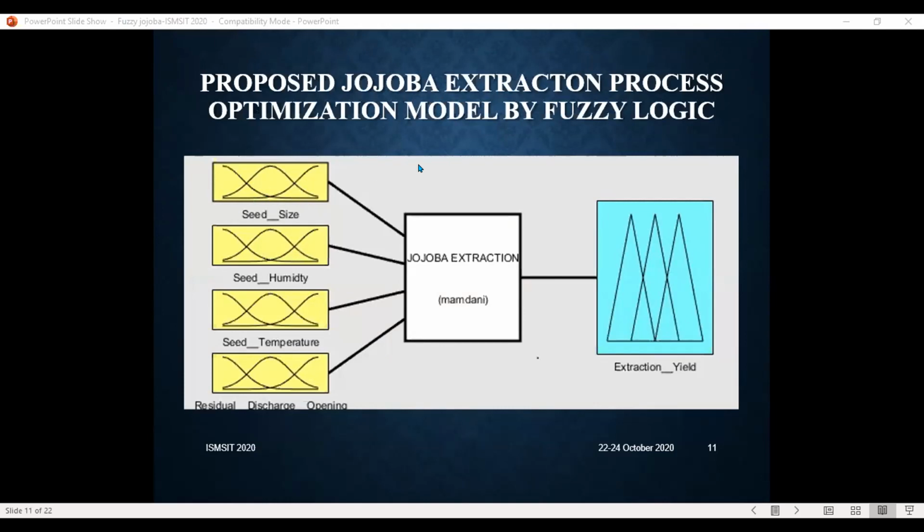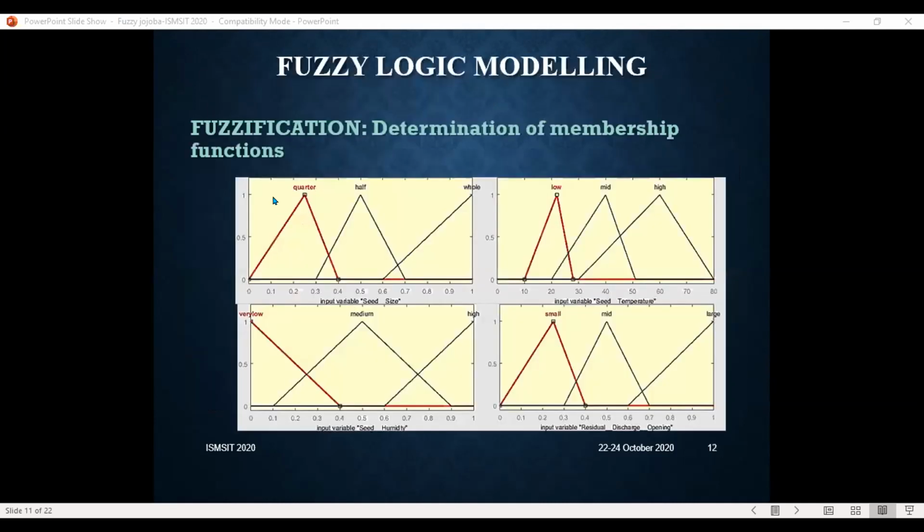Now, this is our process optimization model. It is run by Matlab. You have seed size, seed humidity, seed temperature, and residual discharge opening chosen as process parameters, the input, and extraction yield as the output. To maximize the extraction yield, we are looking for the conditions of the input parameters.